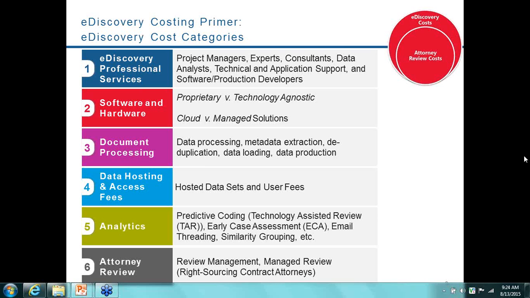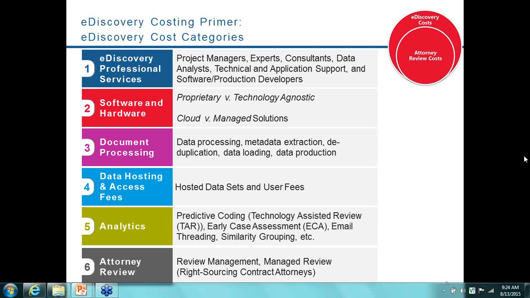And with software and hardware, there's a couple different types out there. You've got vendors who have a proprietary technology that they've developed themselves over the years that combines with their professional services in a way to give the best bang for your buck.